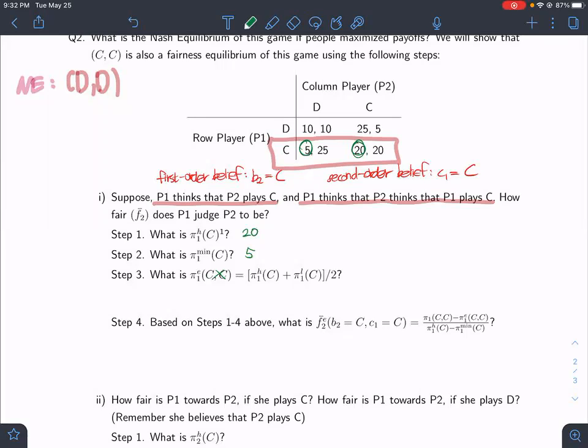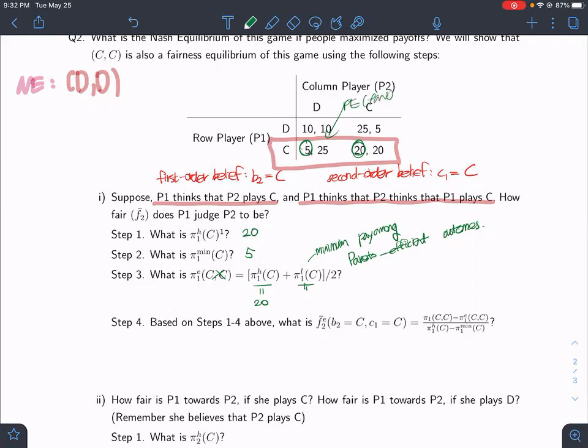So for this one, pi 1h is 20. What is pi 1l? It's the minimum payoff among Pareto efficient outcomes. Okay. So it's 5, 25 PE.